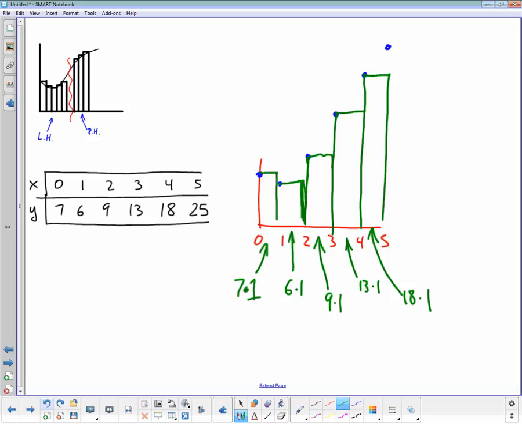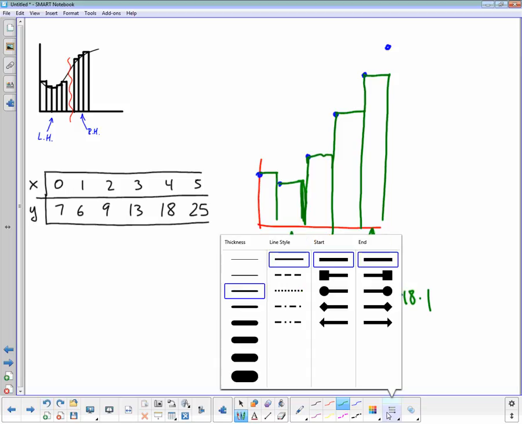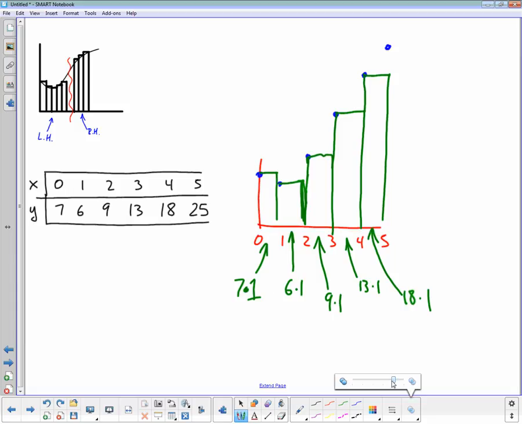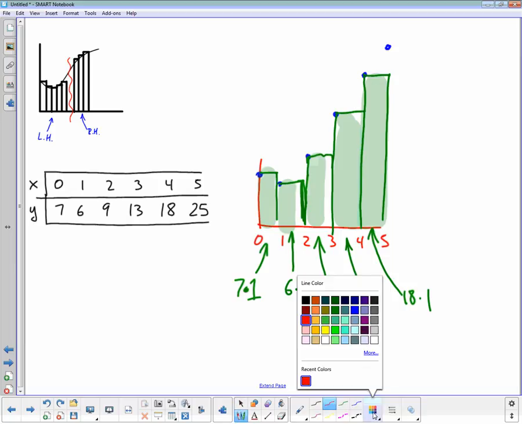So if I did that, and I'm just going to try and do this without messing the whole thing up. Okay, that's my left-handed limit. And let me see if I can find a different color.